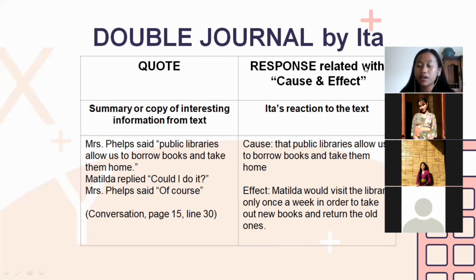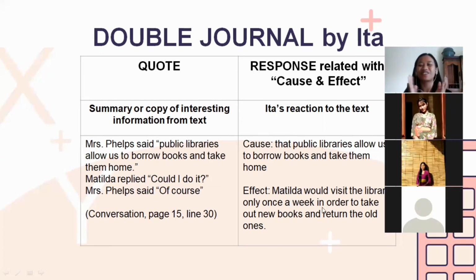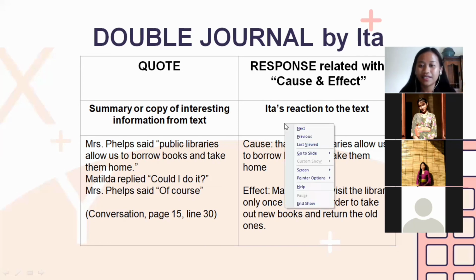And then the response related to cause and effect that Ita wrote is: the cause is that public libraries allow us to borrow books and take them home, and the effect is Matilda will visit the library only once a week in order to take out the new books and return the old ones. Okay, that is a great analysis from Ita. I love your double journal. Thank you so much.